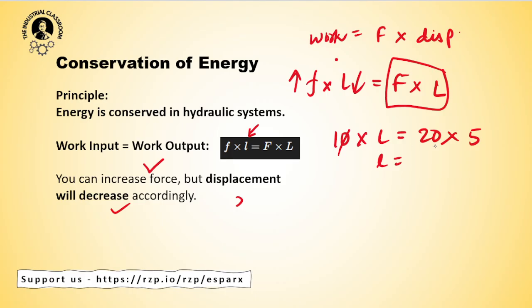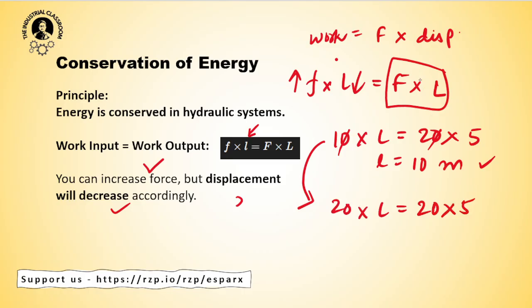The 0s will cancel and it will be 10 meter. But when I increase this force, 20 into L is equal to 20 into 5. Let us consider F into L is kept fixed. So what will be L in this case? It will be 5 meter. So when we increase the force, the displacement will decrease to give the same resultant on the other side. This is the conservation of energy.